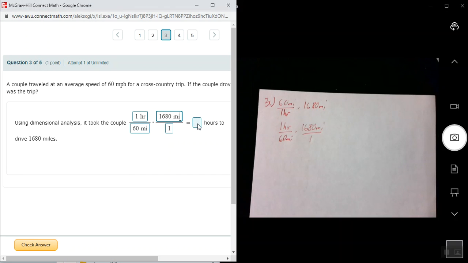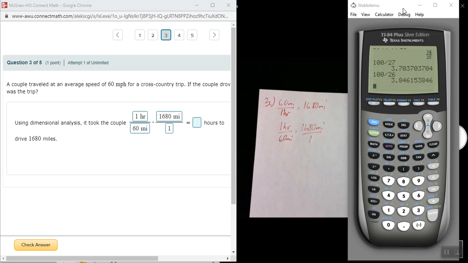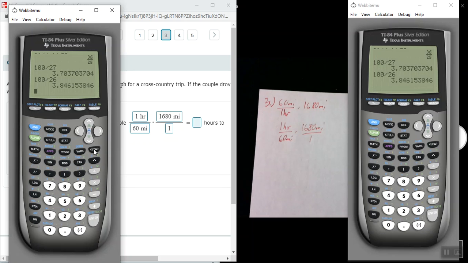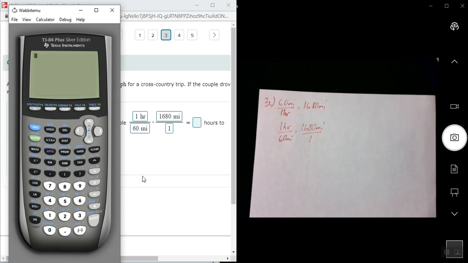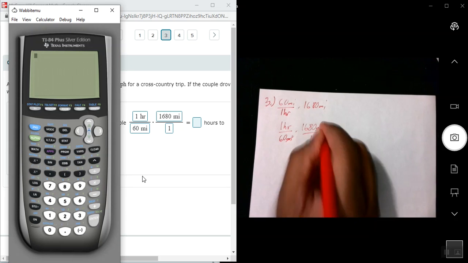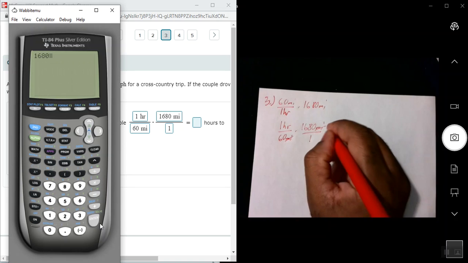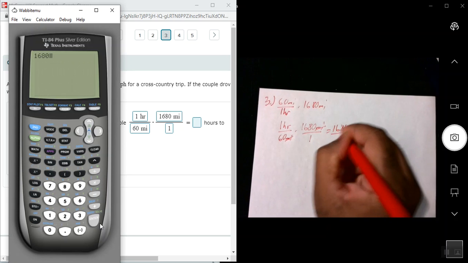Okay, so now we will multiply this, so we need to pull up a calculator. It really doesn't matter which calculator you pull up, whether it be Desmos or the TI calculator. I'm just going to bring up the TI calculator. First thing we would do is get rid of the miles, and after we multiply this out, it'll be 1,680 over 60.